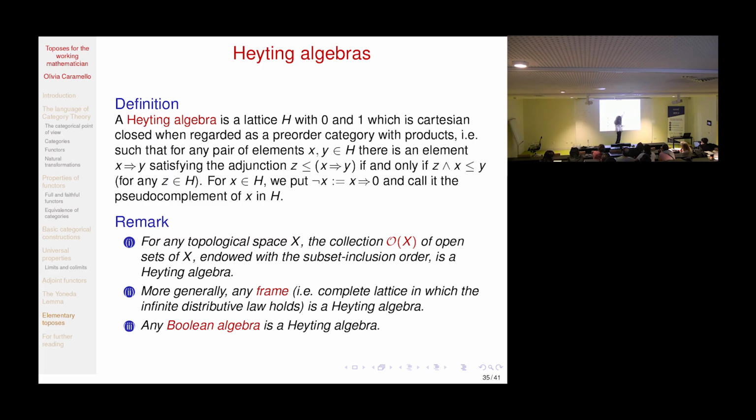So for any pair of elements x and y, you have an element denoted like that, which satisfies this adjunction: for any element z, z is less than or equal to this if and only if z meet x is less than or equal to y. You can think about this element as the biggest one that when it is intersected with x is less than or equal to y.